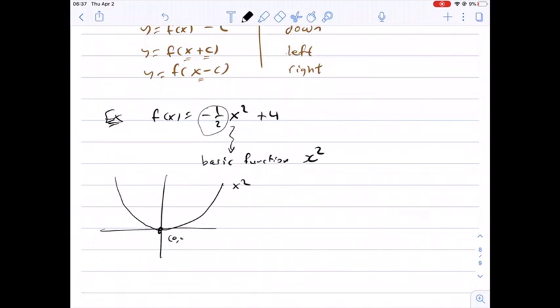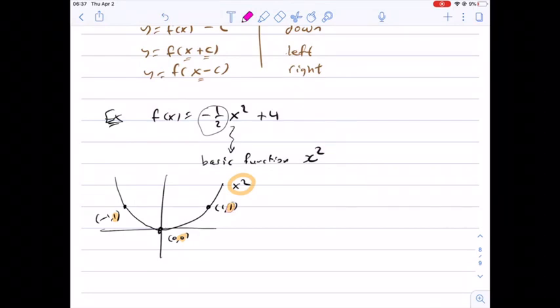What does that mean? Let me determine 3 points: 0 0, 1 1, negative 1 1. And then we multiply by negative 1/2. That means we multiply the y coordinate by negative 1/2, because we multiply the whole function, the whole basic function, by some constant. That means we multiply the y coordinate by that constant.